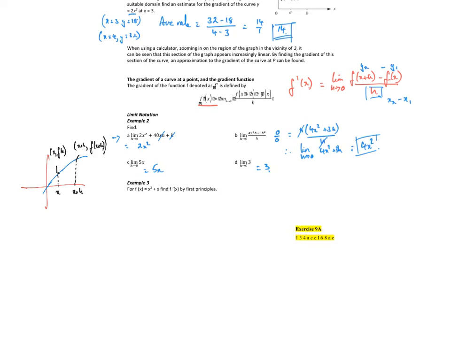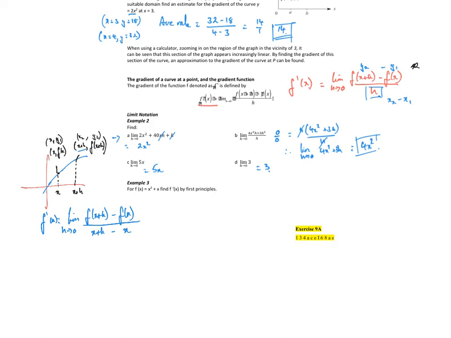So x1, y1, x2, y2. So this rule up here, f dash of x, I'm going to write out again now. F dash of x is equal to the limit as h approaches 0 of f of x plus h minus f of x, and I'm just going to put the second y value, f of x plus h, minus the first y value.